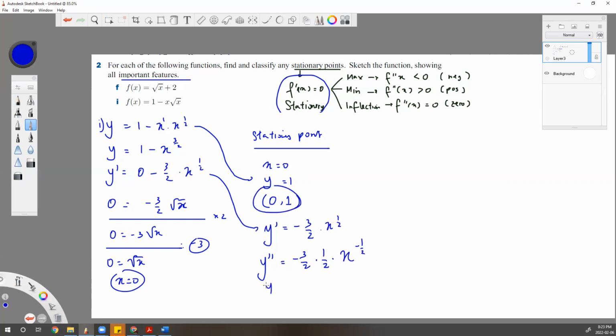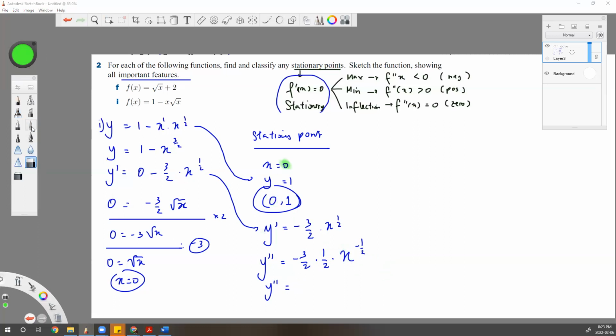So the second derivative is 0, right? Because if I substitute x by 0 here, -3 over 2 times 1 over 2 times 0 power -half is, oh, wait, it's so annoying, girls. Wait, here.